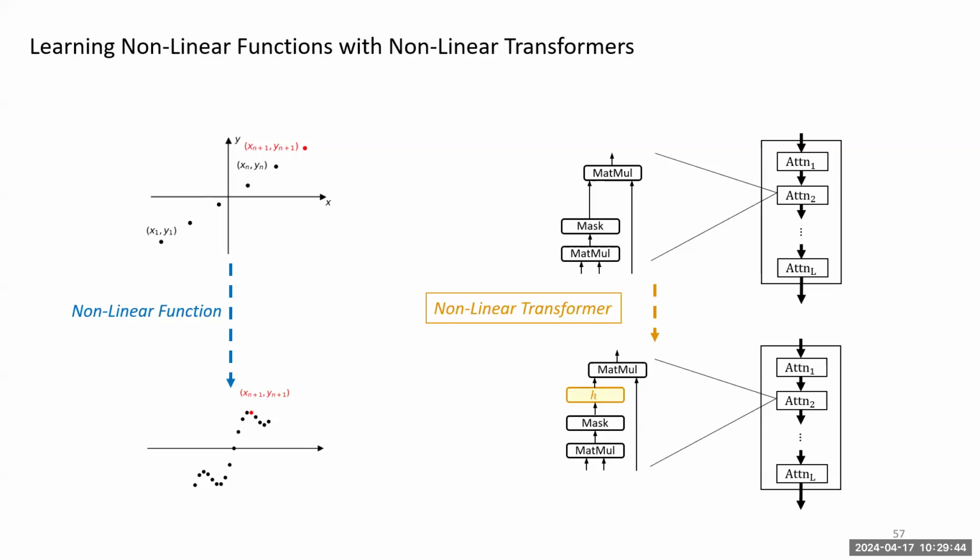On this slide, I illustrate the 2 kinds of nonlinearity we consider. On the left, in blue, we replace the linear function in data by a nonlinear function. And on the right, in orange, we replace the linear transformer by a nonlinear transformer.